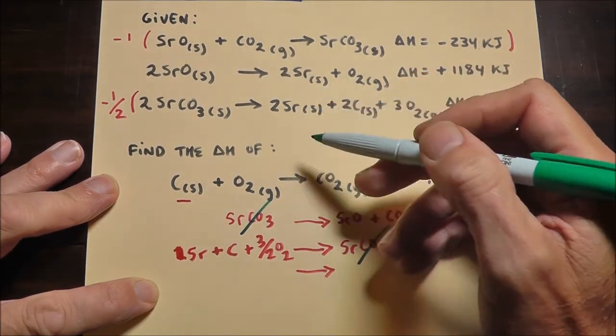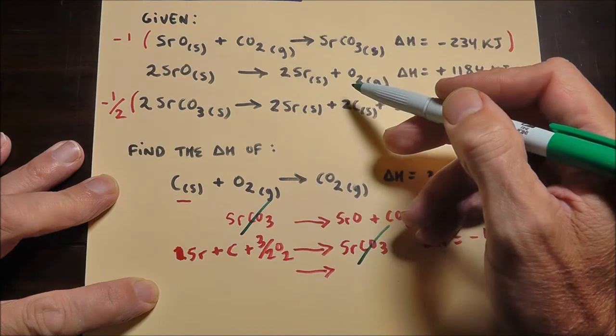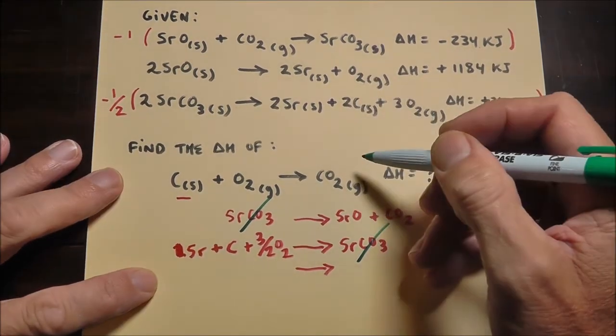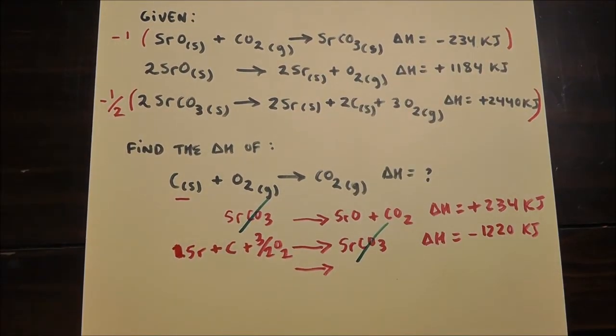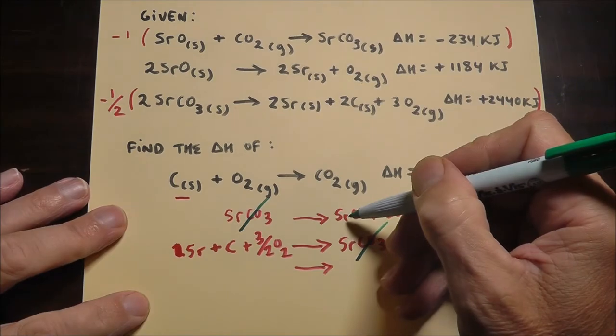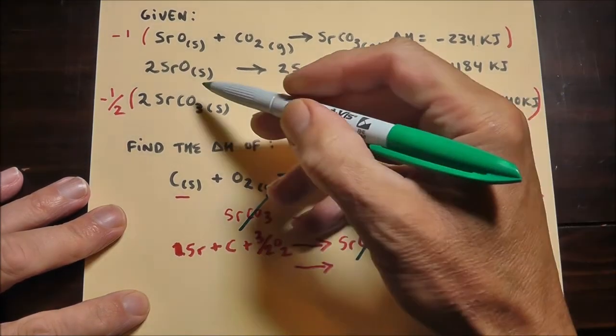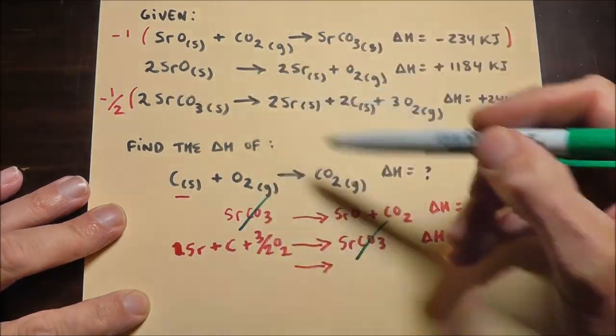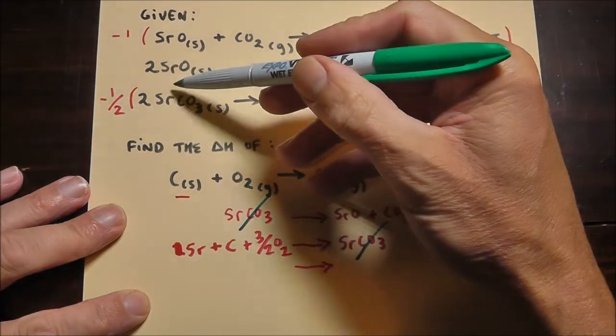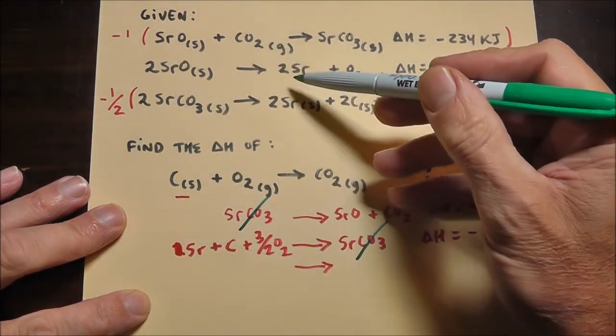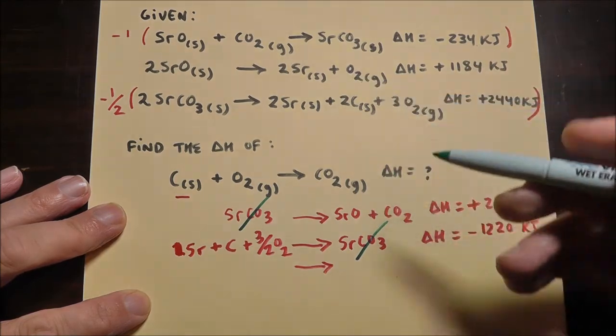So I need 1 strontium on the right when I write this equation, and then I'm just going to hope for the oxygens to take care of themselves. Same thing with the strontium oxides. That needs to cancel. So for both of those reasons, I need a strontium oxide on the left, and I need one strontium metal on the right.